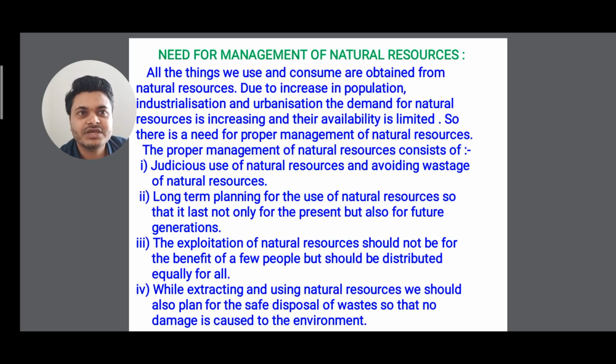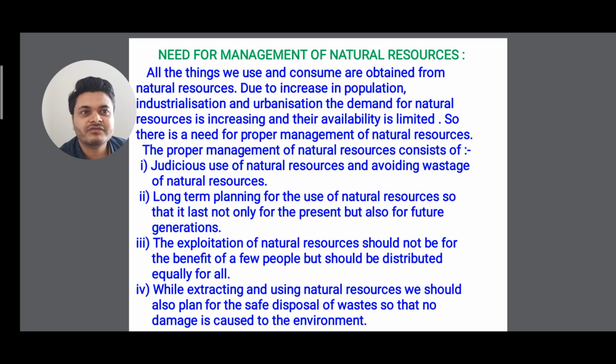All the things we use and consume are obtained from natural resources. Due to increase in population, industrialization and urbanization, the demand for natural resources is increasing and their availability is limited. So there is a need for proper management of natural resources.